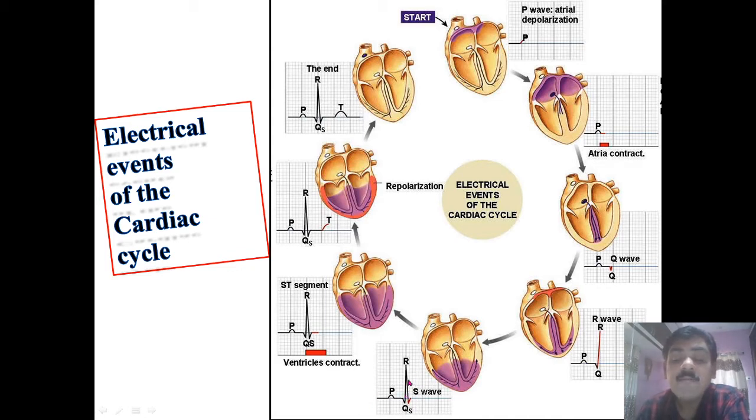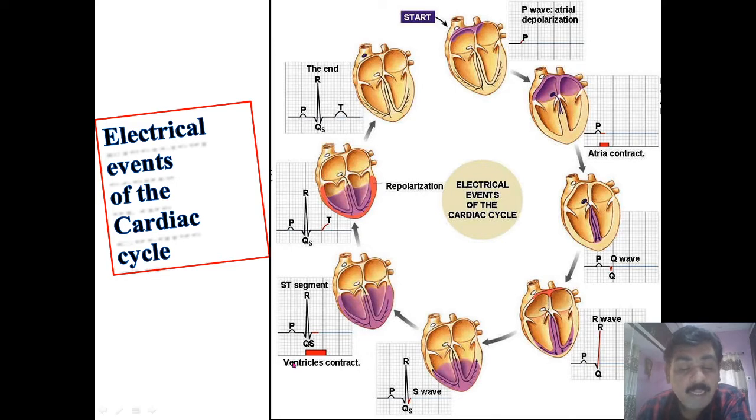And when there is a complete depolarization, there is a next wave, that is called the S wave, which is a small downward and then upward deflection. This is an upward deflection, that is the S wave.